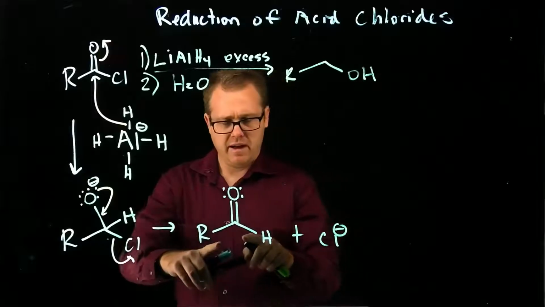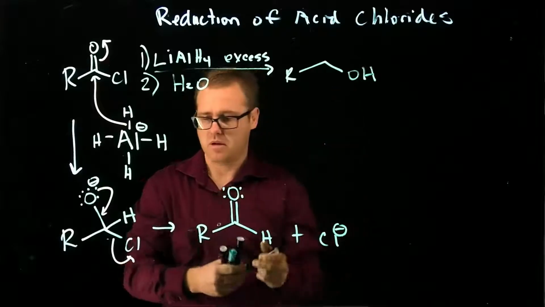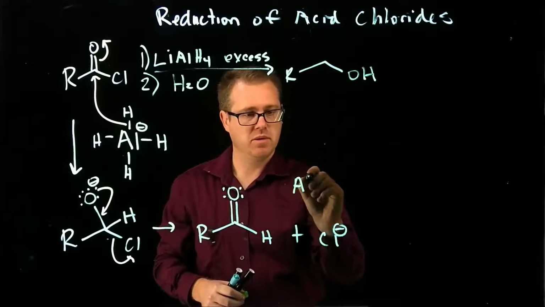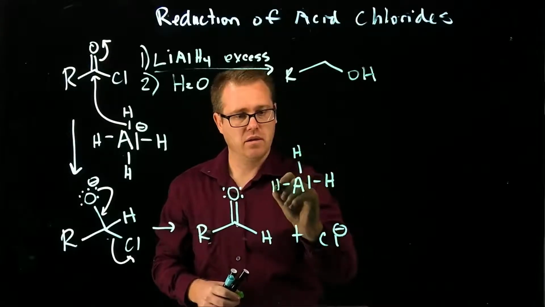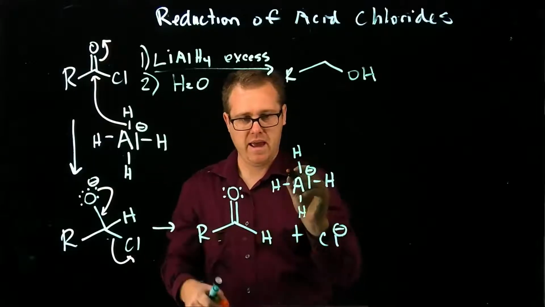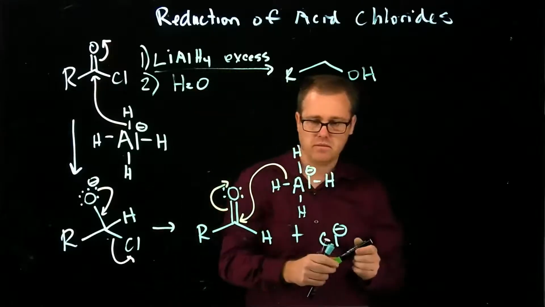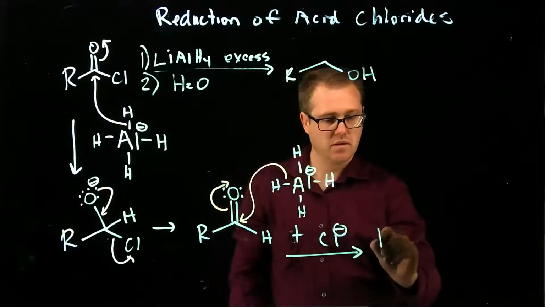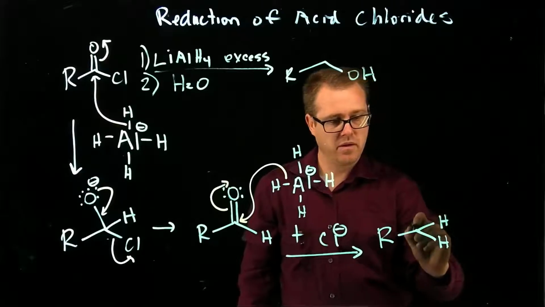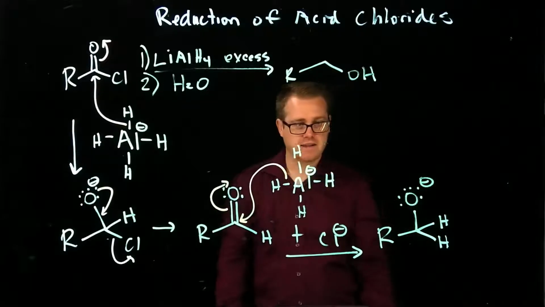So we've just generated an aldehyde, but I just said it goes to the alcohol. So what happens is we have an additional aluminum hydride, where we do the reaction again. Now we have our alkoxide.